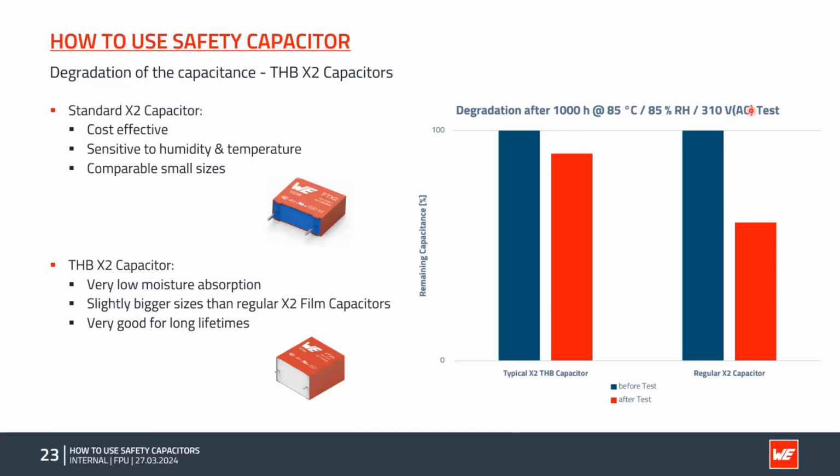But with a regular X capacitor, it does not really matter from which vendor or manufacturer you get it, when you do these tests, you will have a capacitance drop, and here it's maybe a drop of 30 or 40%, but this is just typical. So it's not an absolute value here. It's just to show you that there is a change, and you have to be aware of it when you have these harsh conditions.